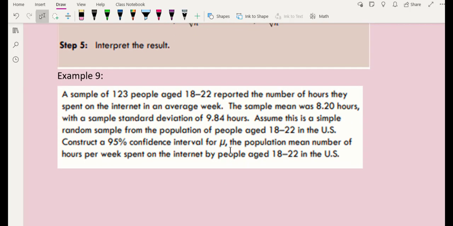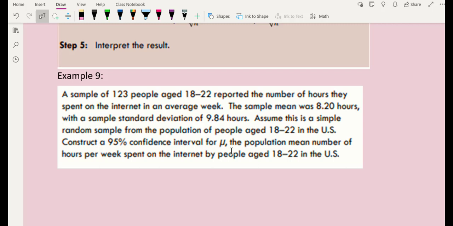So, let's do example 9. A sample of 123 people aged 18 to 22 reported the number of hours they spent on the internet in an average week. The sample mean is 8.20 hours with a sample standard deviation of 9.84 hours.